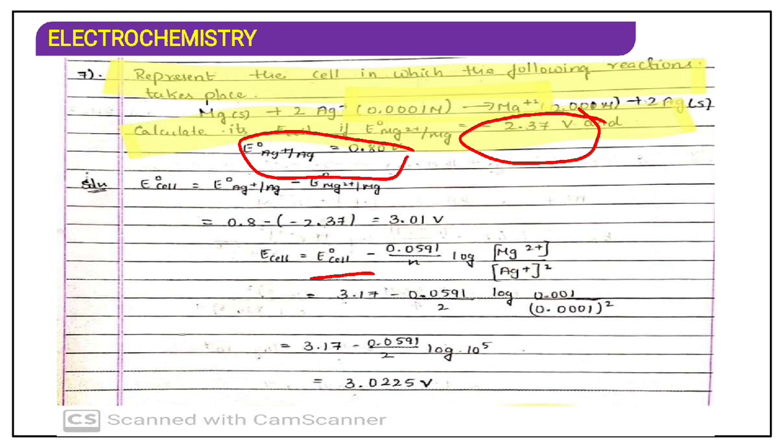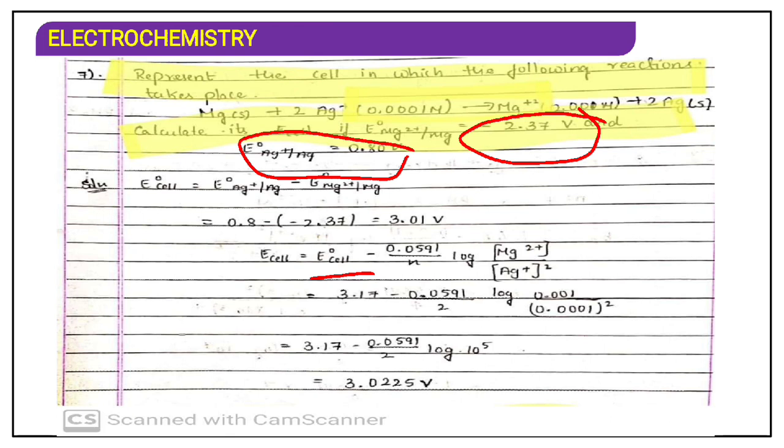The simple way to identify which acts as cathode and which acts as anode is to look at the two values and see which has the positive value. I hope you identify that the positive value is Ag plus, 2Ag.